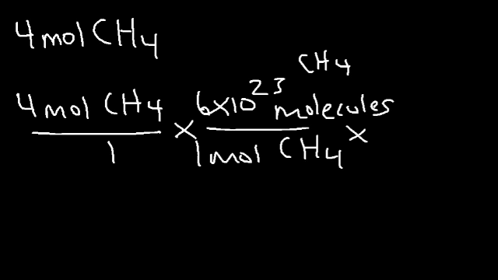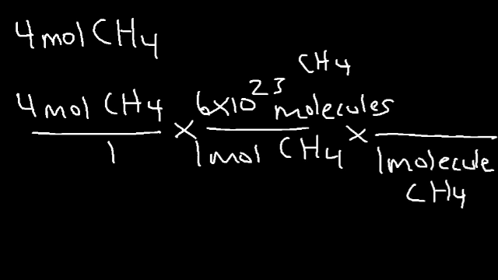Now, if we want to find the atoms of hydrogen, we need to take it one step further. In 1 molecule of CH4, you need to realize that there's 4 atoms of hydrogen because of the subscript 4.